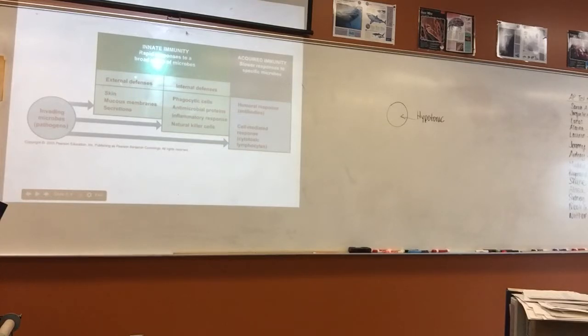I want you to write that innate immunity is found in all animals. All animals have that: vertebrates, invertebrates, all animals. And then acquired immunity, with the arrow up here, is found only in vertebrates, animals with backbones.